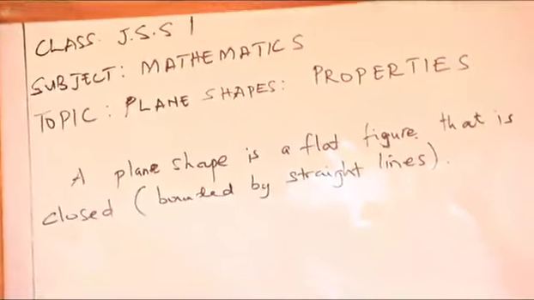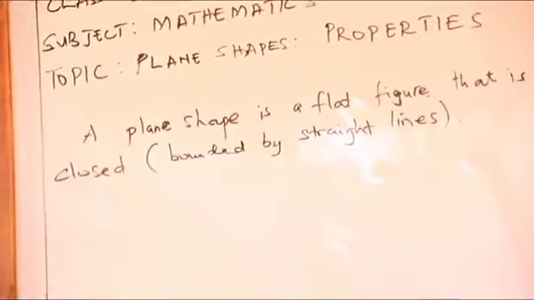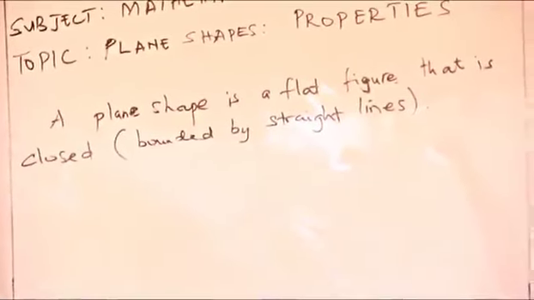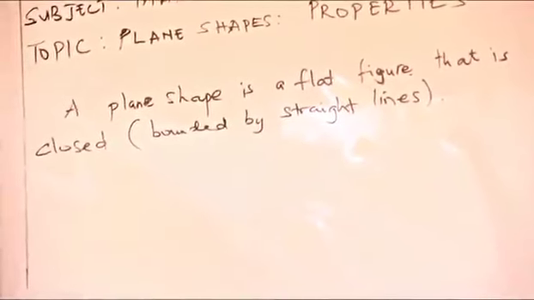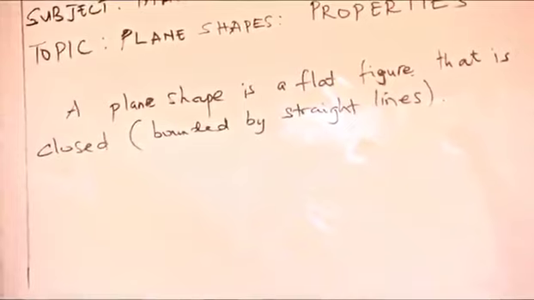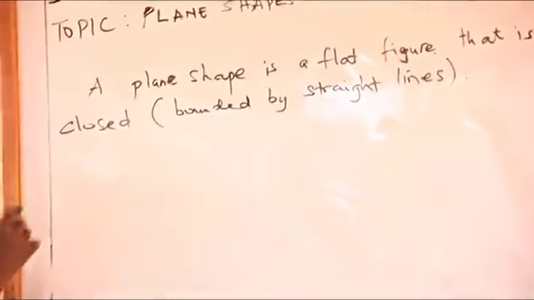By definition, a plane shape is a flat figure that is closed, bounded by straight lines. I'm going to give examples.